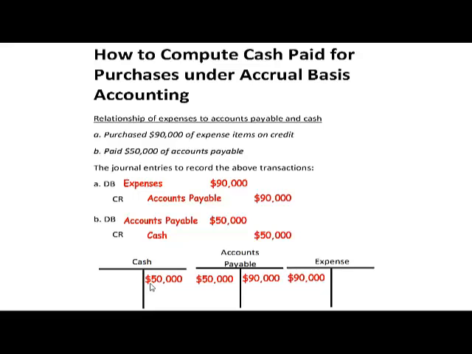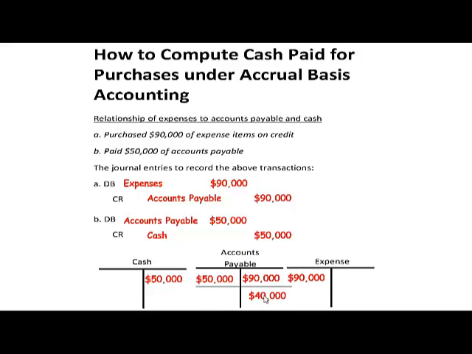Now, obviously, this is a credit to cash, and in effect, if we just look at this transaction, that would be a negative balance. So let's just assume right now that that $50,000 in credit simply represents a cash outflow. So if we take a look at the accounts at the end of the month, we have the following. We have $50,000 worth of cash outflows.